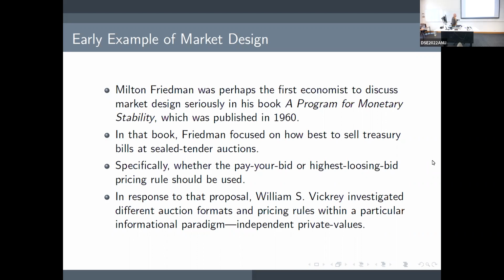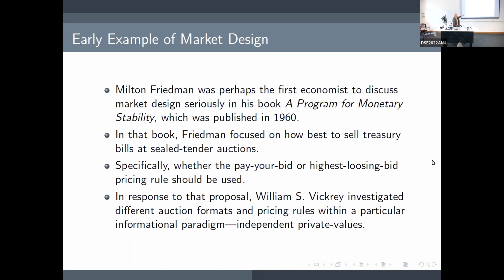William Vickrey responded to that with something that was very clever, but almost irrelevant. What do I mean by that? Well, treasury bills are an example of something that is a common value object, and the models that Vickrey employed are private value, right? So they're really models of different phenomena.